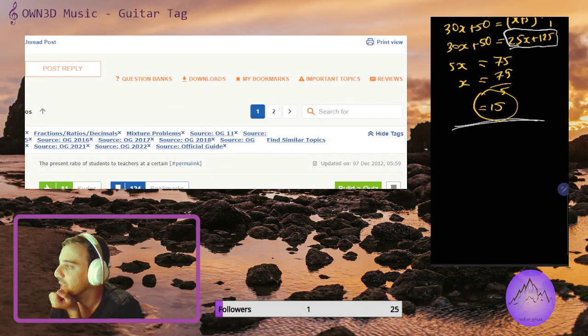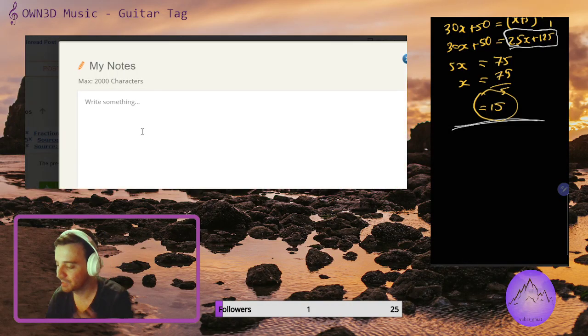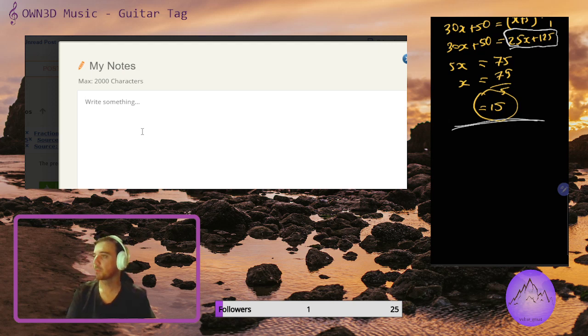U has been saved in the error log. I'll make a note. What did I do? Plugged in the wrong value for the number of students when working it out.